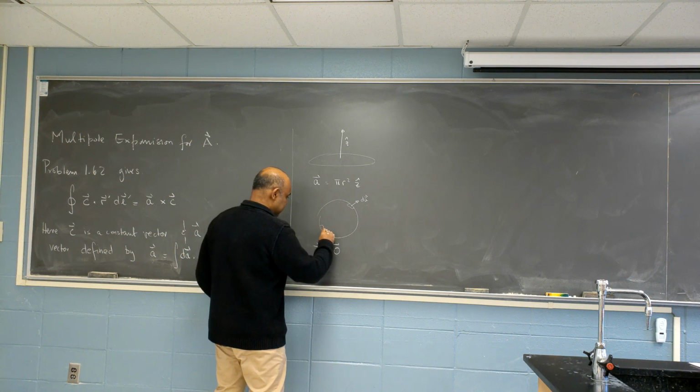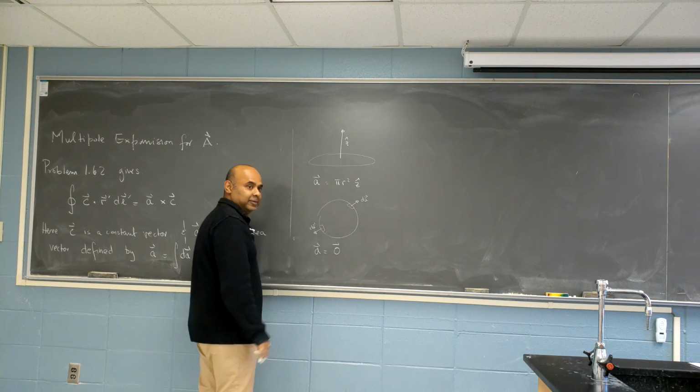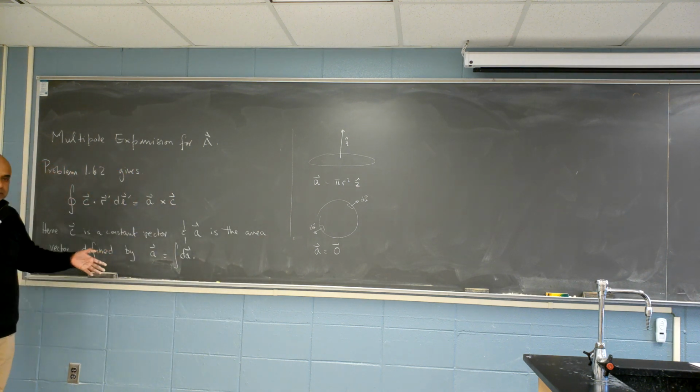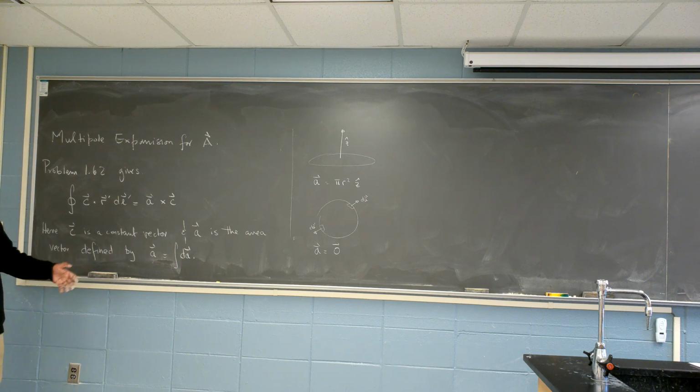For every point, there is this, and these two. So it's an unusual quantity. Just because we call it area vector, it's not magnitude of area times some direction. It is the actual net integral of the area vector.